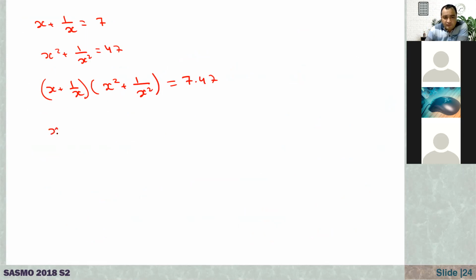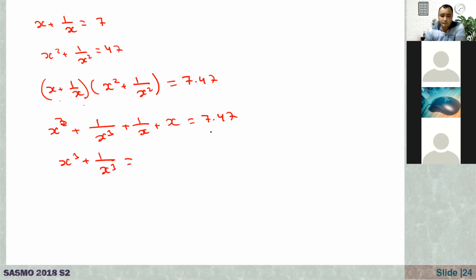Expanding the left-hand side, we have x cubed plus 1 over x cubed plus, x times 1 over x squared, that is 1 over x, and 1 over x times x squared, that is x. That's equal to 7 times 47. So x cubed plus 1 over x cubed is 7 times 47 minus 7, which is 322.